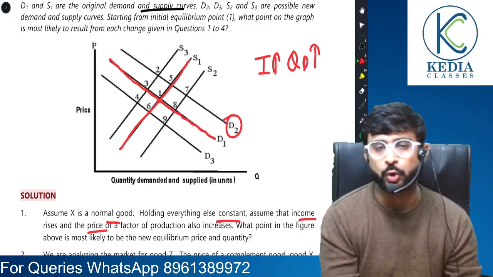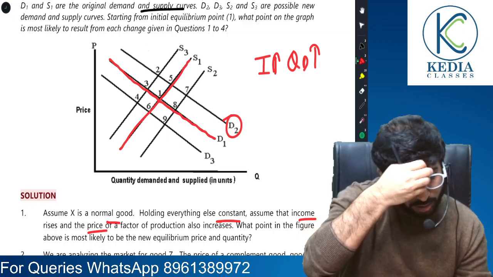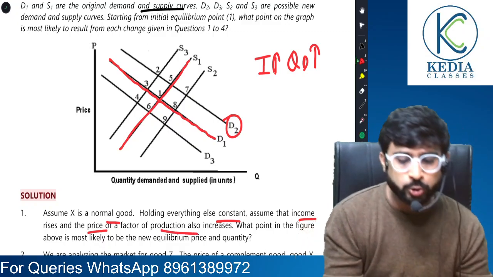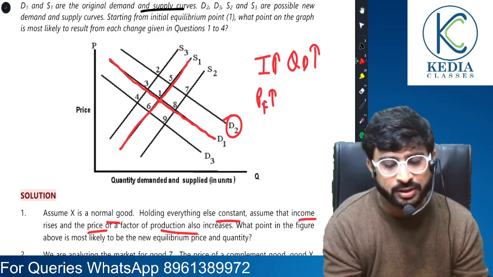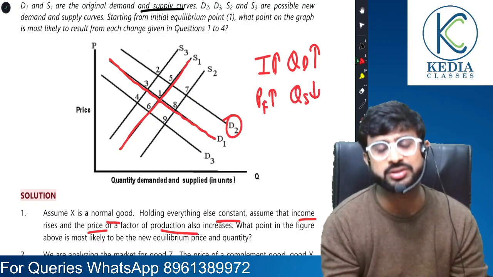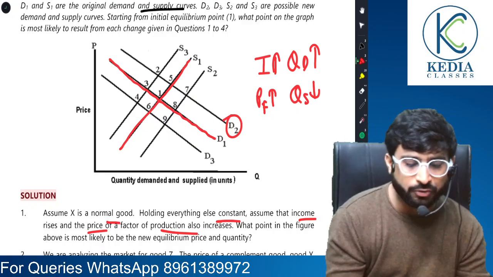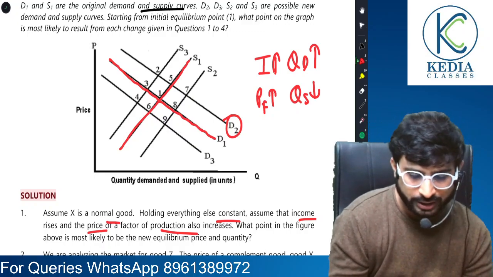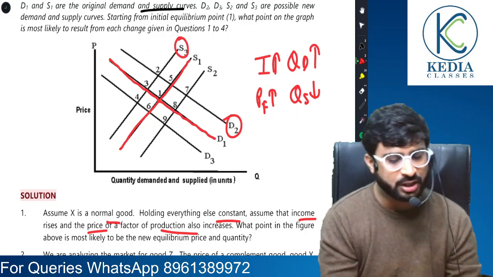So we are at D2. And the price of factors of production also increases. If price of factors rises, then quantity supplied falls. So supply shifts towards the left, moving to S3.